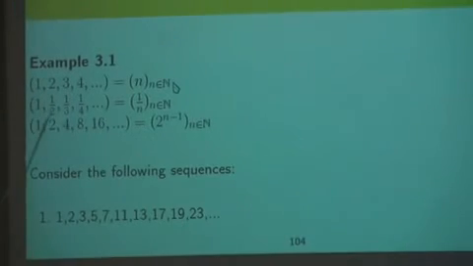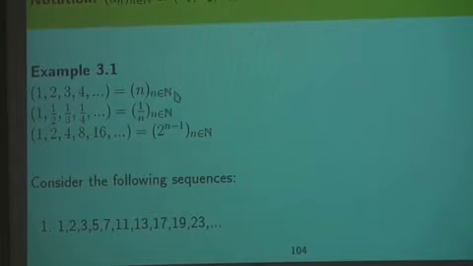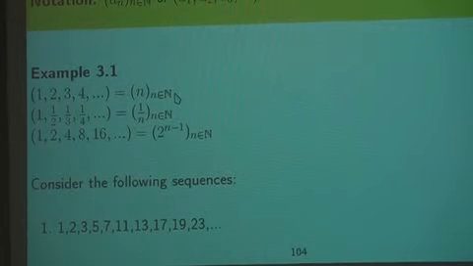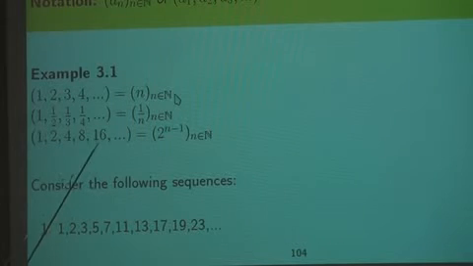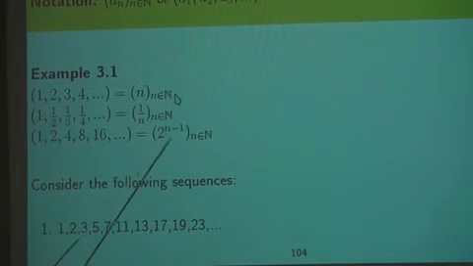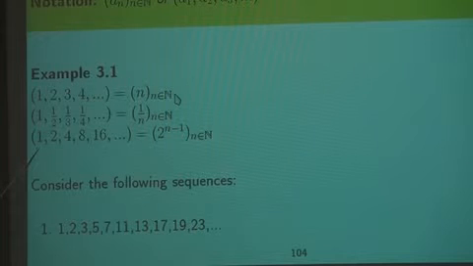This sequence actually maps the natural numbers onto their inverses. It maps 4 to 1/4. This sequence maps 4 to its square. No, yeah, this is 2 to the power n minus 1. So it maps 1 to 1, 2 to 2, 3 to 4, and so on.